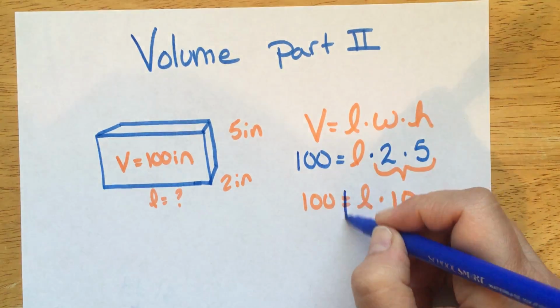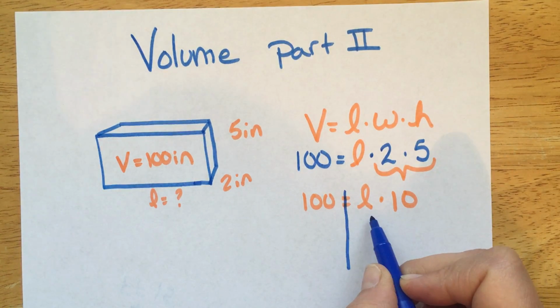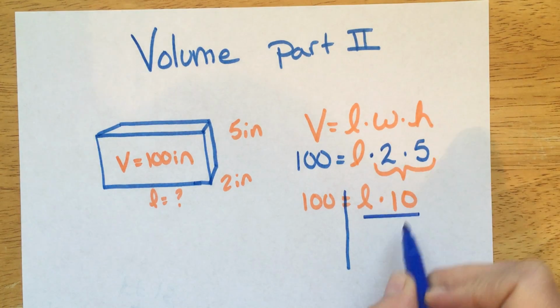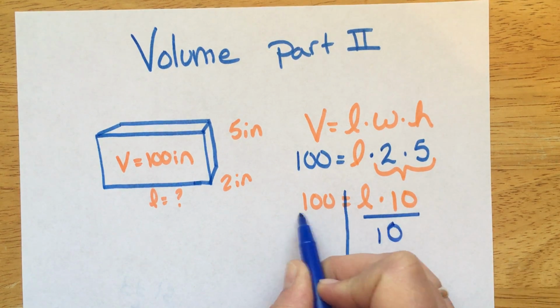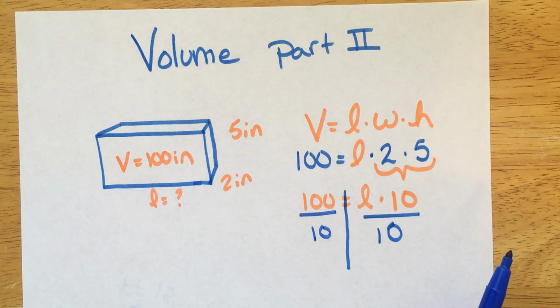So again, I'm going to draw my line down. I'm looking to see what they did to the variable, and that is they multiplied it by 10. So I'm going to do the inverse operation. I'm going to divide it by 10. And this should feel very familiar to you after all those area videos that I did last week.